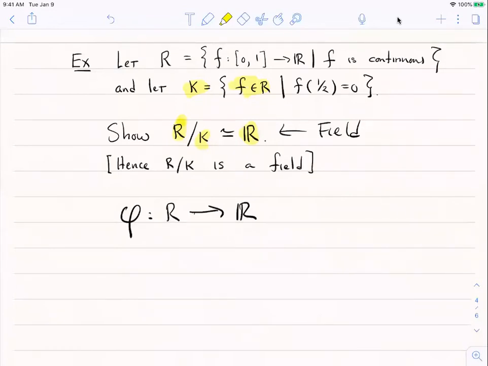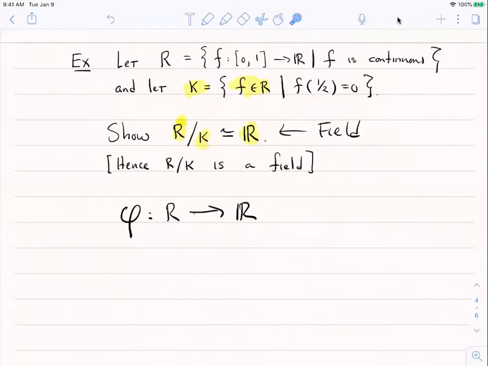Let me just say it out loud. I'm trying to associate to each function a number in such a way that the functions that are 0 at 1/2 get associated to the number 0.